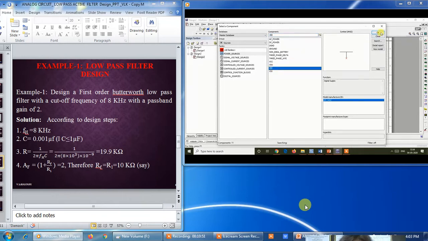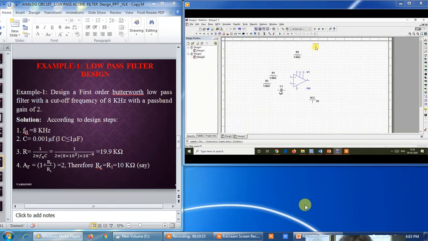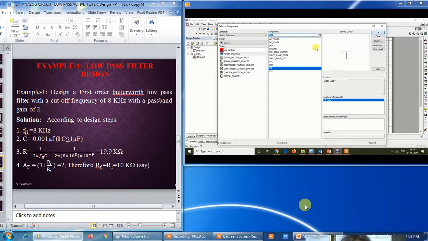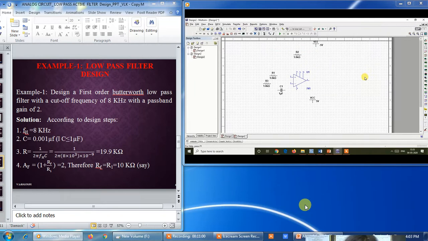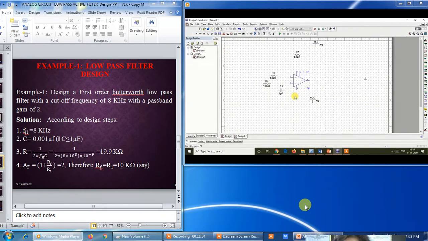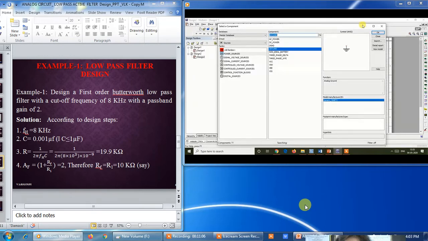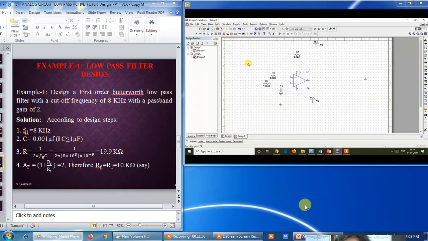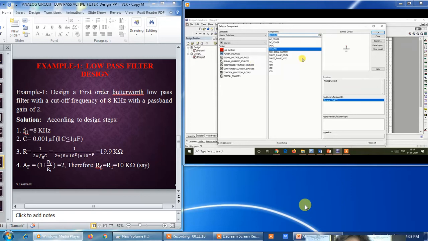So here this is the minus VEE and this is another ground terminal, drag it, again ground terminal, select it.